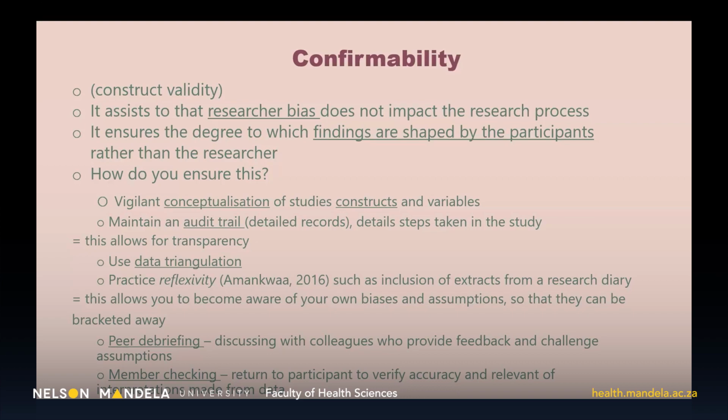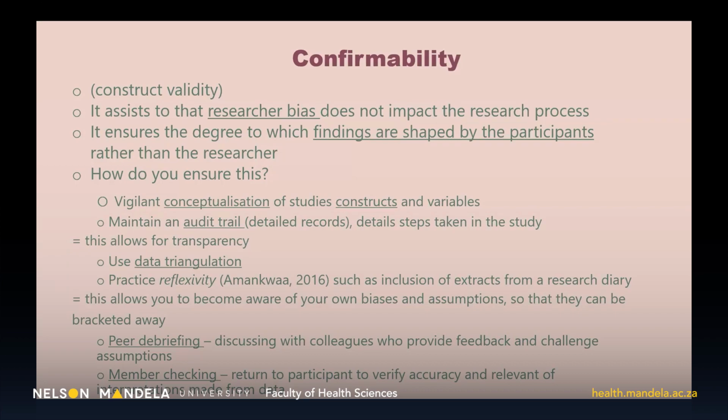So these are all principles that you can really use to enhance your ability to trust your data and also to trust yourself within the process, where you're really describing what you're doing, you keep track of what you're doing, you are thinking about how you are influencing your data on a fairly regular basis.